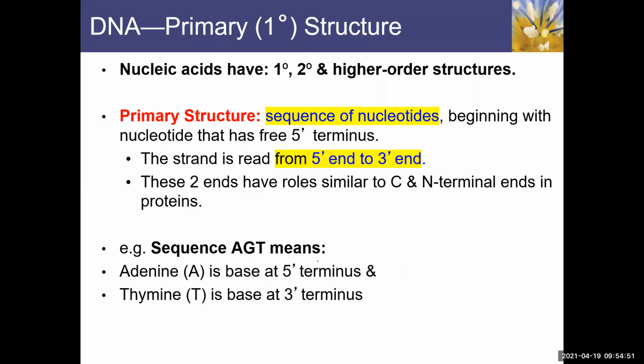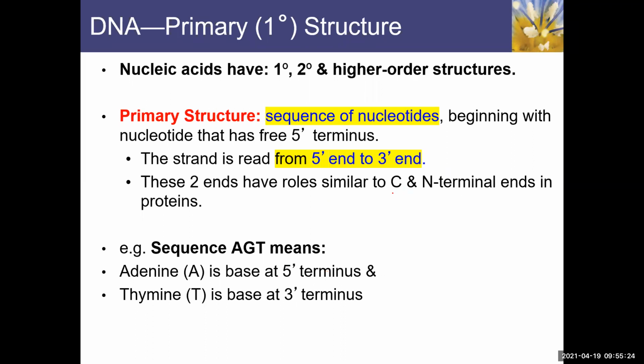Then the structure of the DNA. What is the primary structure of the DNA? When I say primary structure, it means how your nucleotides are arranged, the sequence of nucleotides, which begins with the 5' end and runs to the 3' end.